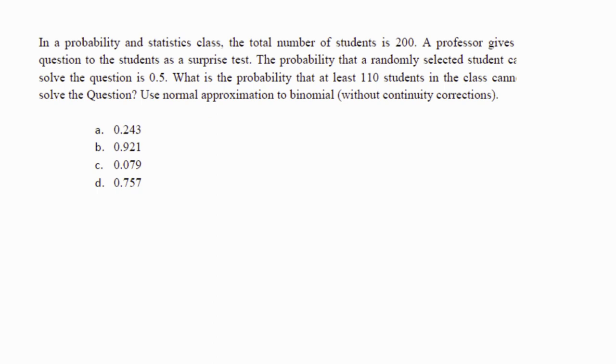Now this question is that in a probability and statistics class, the total number of students is 200, and a professor gives a question to students as a surprise test.